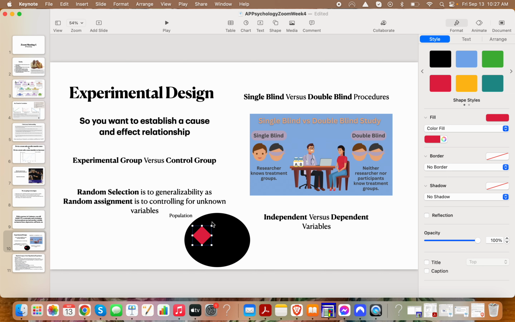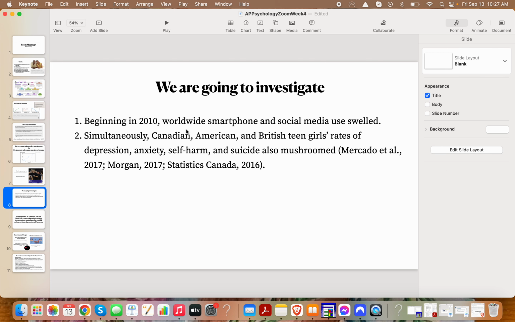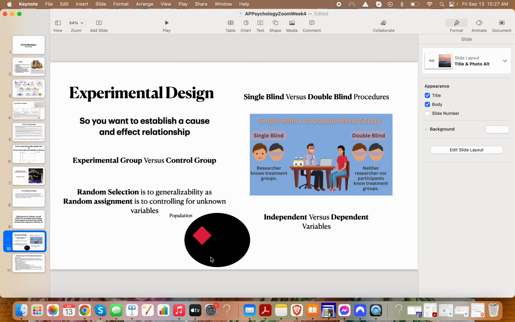Now, who is our population, who are we thinking it applies to? If we were looking at this question, we're looking at teen girls, and not just any teen girls: Canadian, American, and British teen girls. They would make up our whole population, and then we would be seeking to answer, how do I get a sample of them?